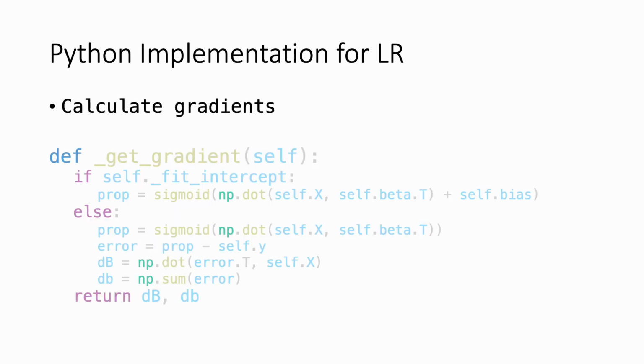This is the method for the gradient. We define a separate method for the sigmoid function and use the convenient function from NumPy to calculate the dot product between the dataset X and the parameter beta. Also, we define a fit intercept flag to specify whether the model uses an intercept or not.